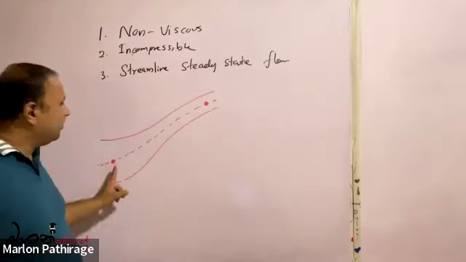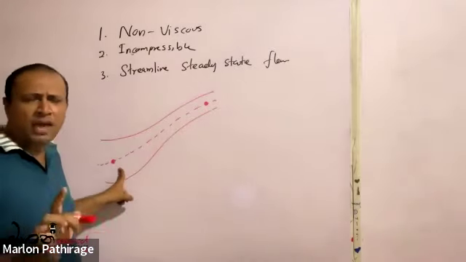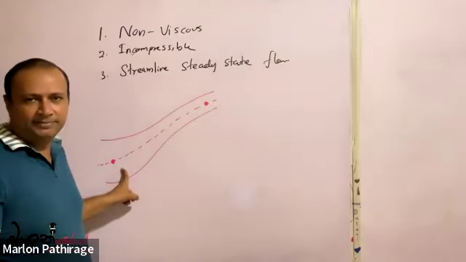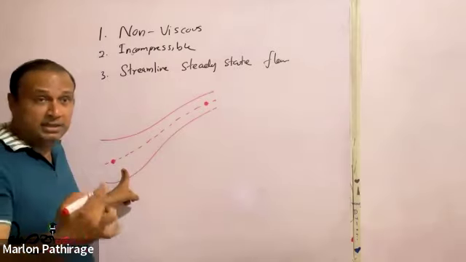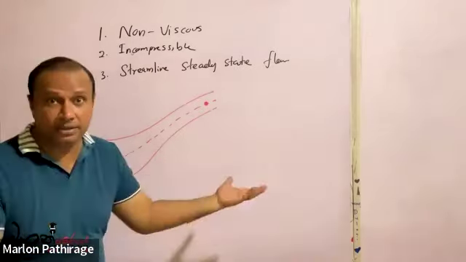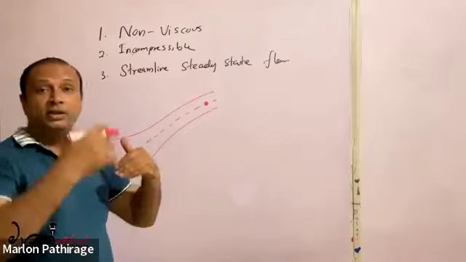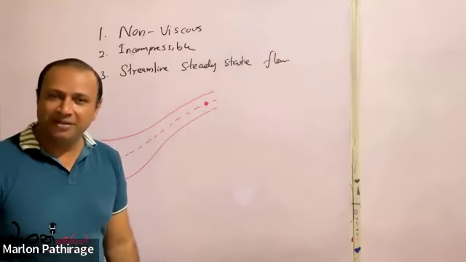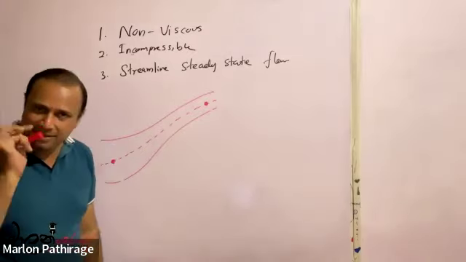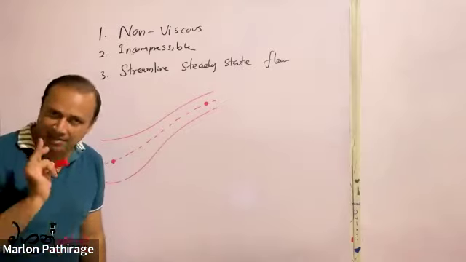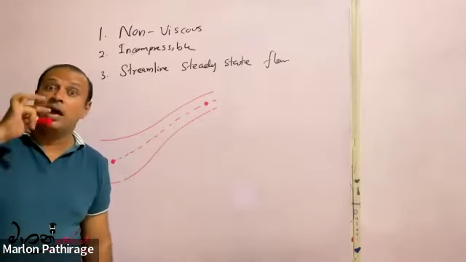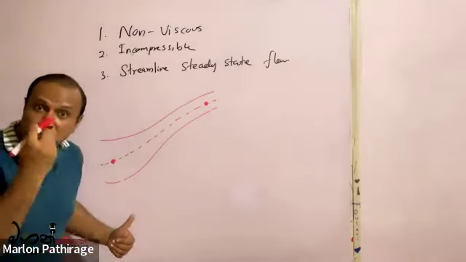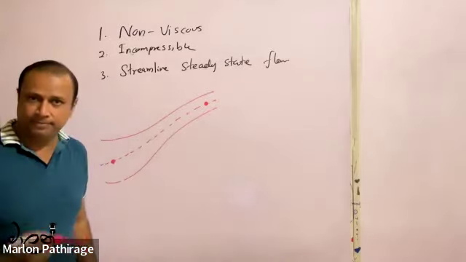Therefore, if you select a fluid particle, you have to consider that fluid particle only. You cannot consider two different fluid particles, because in two different fluid particles, energies are not equal to each other. Therefore, this is the energy conservation law, and when you are applying Bernoulli's equation, you have to select a fluid particle.